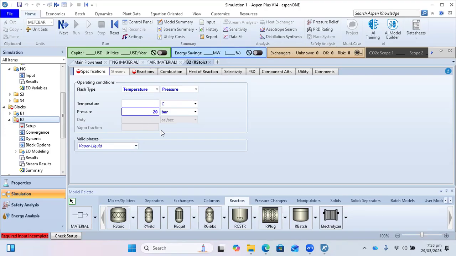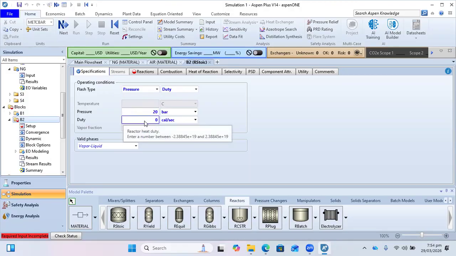I mean, there is no heat loss or gained by the system. Yes, that's correct. So then if that's the case, we would need to specify the duty as 0. If we make the duty 0, it means that we are not having any heat coming in or being removed, right? So then this will make it adiabatic. So that's what we do if we have to specify something as adiabatic in Aspen.